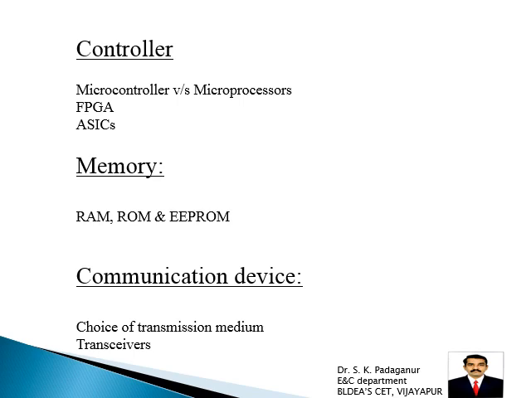For a microcontroller, whether it is 8-bit, 16-bit or 32-bit, and for a microprocessor, whether it is 8-bit, 16-bit, 32-bit or even 64-bit, all of these depend on your application and the requirements of the design. So the controller is the main brain of the entire node hardware.